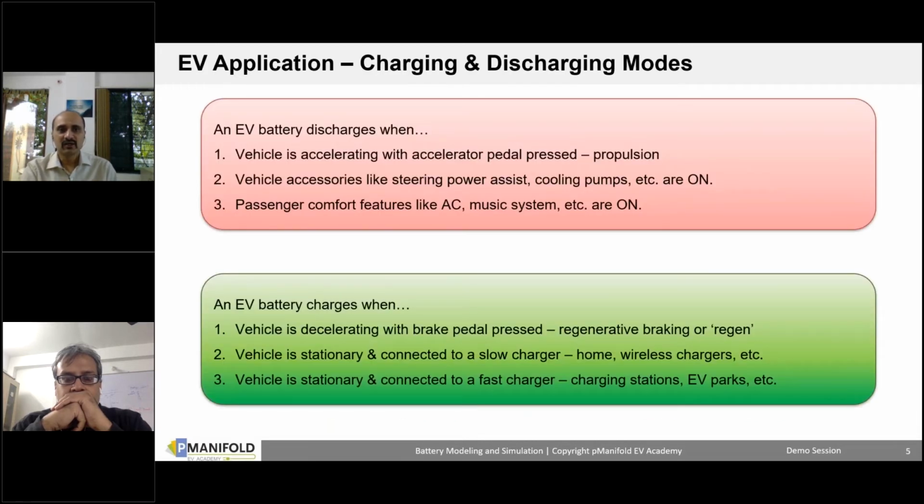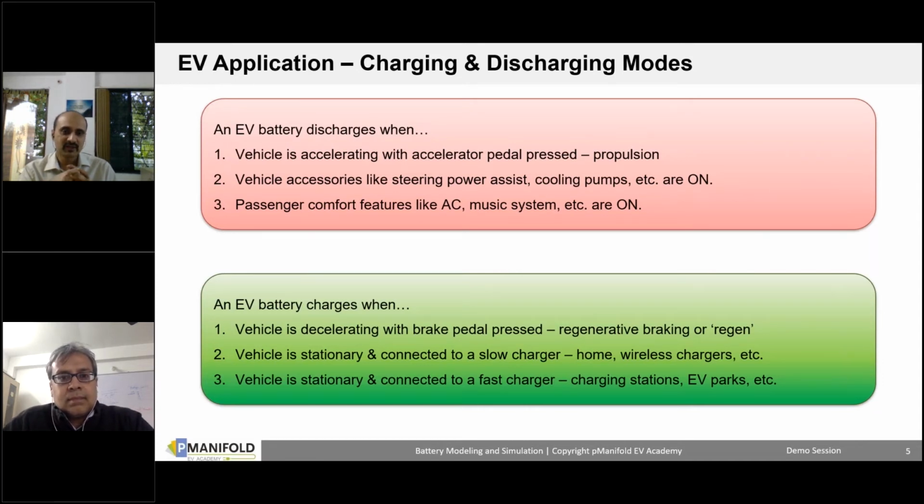So in terms of the battery usage, an EV battery will discharge when the vehicle is accelerating or even going at a steady speed with zero acceleration. To maintain a certain speed also you need some amount of effort from the motor, so the motor will run by drawing the current from the battery. Then the vehicle accessories will also be a load on the battery, depending upon the type of vehicle.